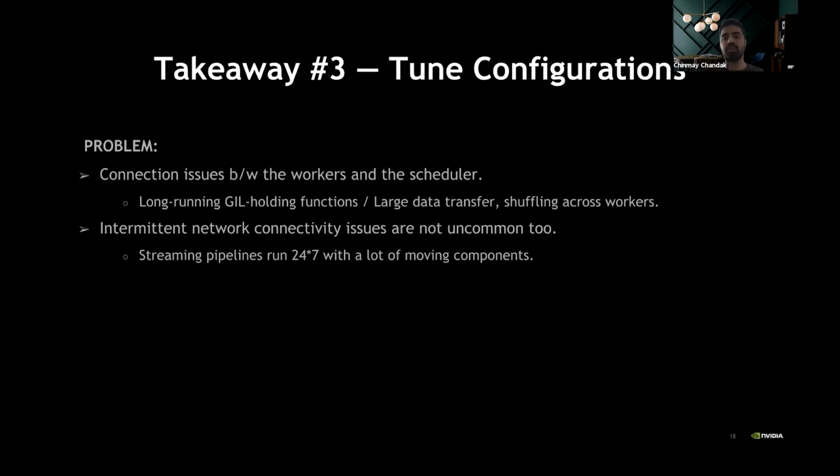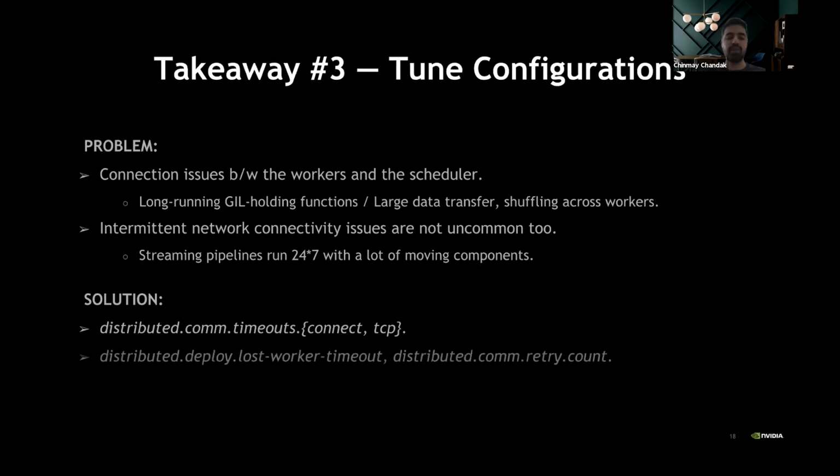So there are a lot of components, and connectivity issues are a big deal. A solution to that is to use a couple of configs, and tuning them really helped. There are the distributed timeout configs for both connect and TCP. There's a lost worker timeout, or a retry count. These are just some of the configs that helped us a lot.